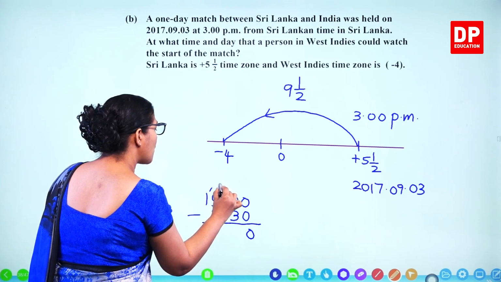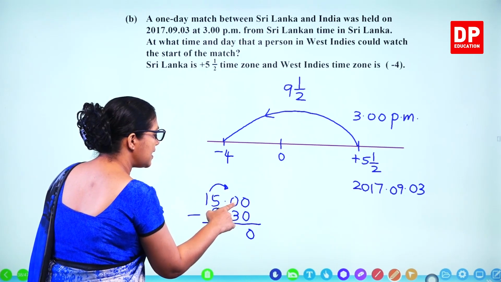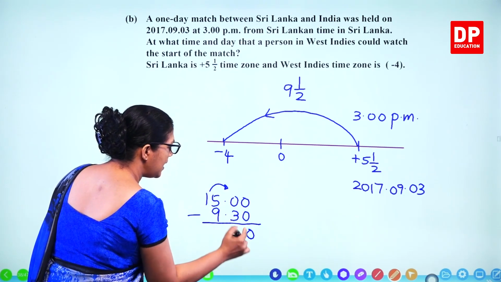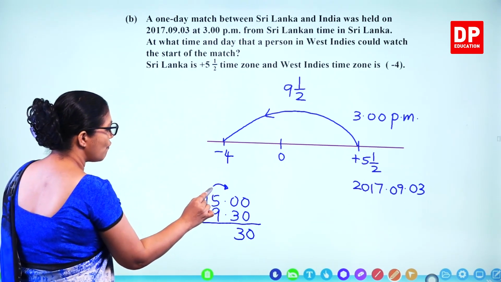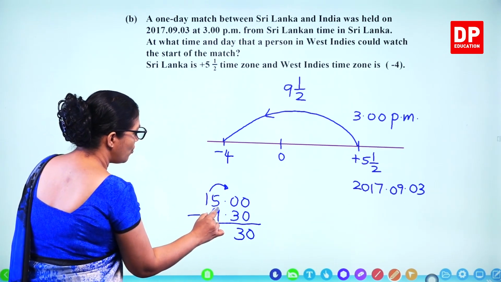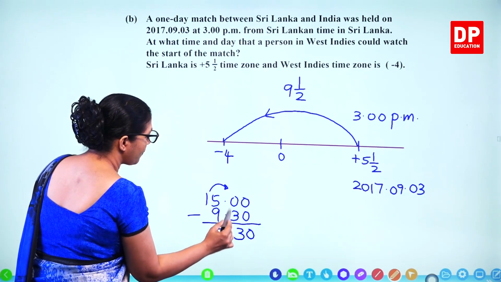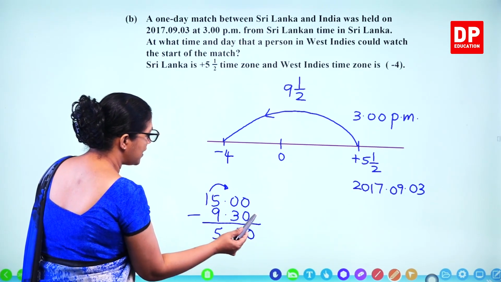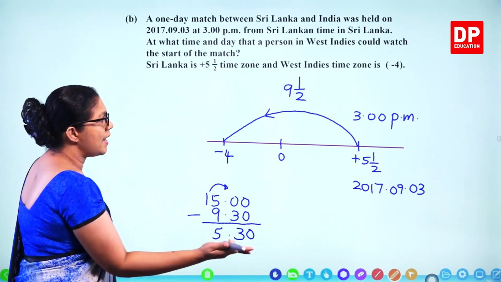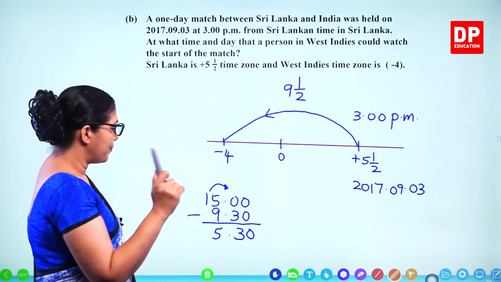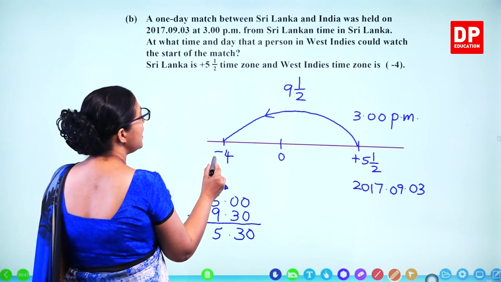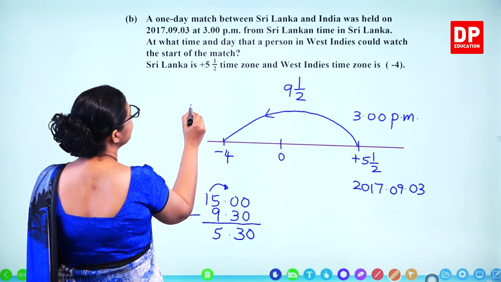When you take 1 hour, that means 60. 60 minus 30, that's 30. And then this becomes 14. So you get 5. So 5:30. So this is PM. This becomes AM. So 5:30 AM.